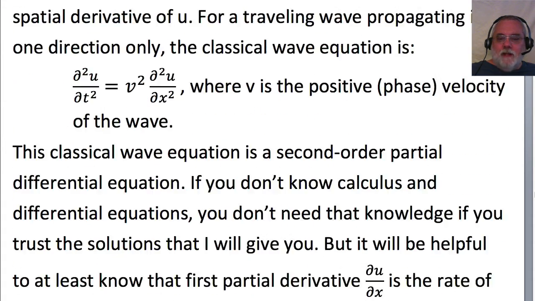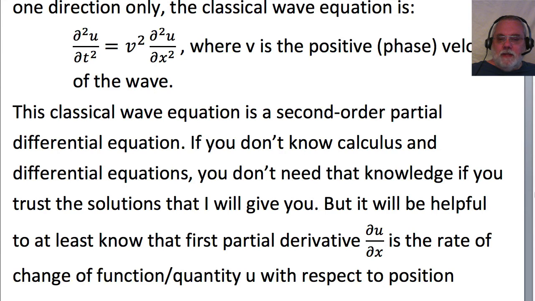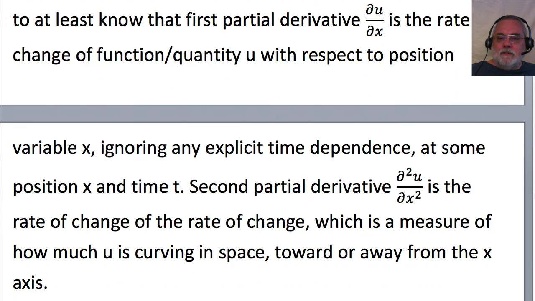This classical wave equation is a second-order partial differential equation. If you don't know calculus and differential equations, you don't really need that knowledge if you trust the solutions that I will give you. But it will be helpful to understand in words what the derivatives mean. So it will be helpful to at least know that the first partial derivative of u with respect to x is the rate of change of function or quantity u with respect to position variable x, ignoring any explicit time dependence.